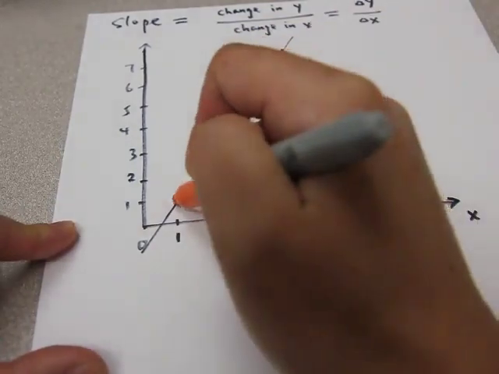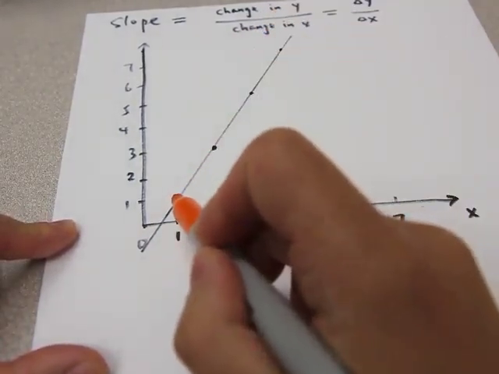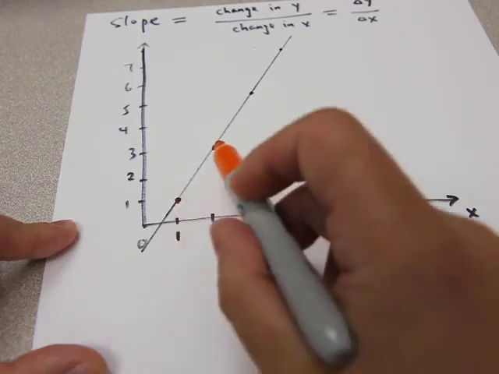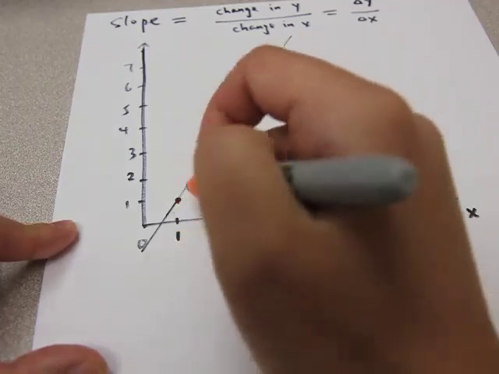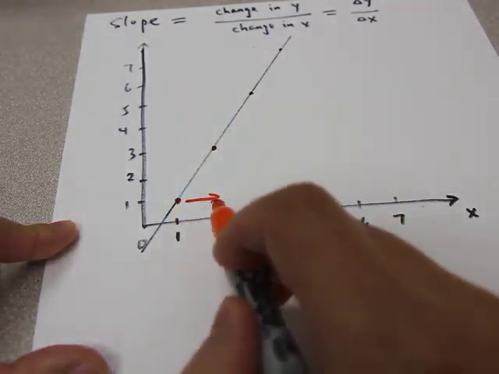For example, if I pick these 2 points, from this point to this point, I move 1 unit horizontally.